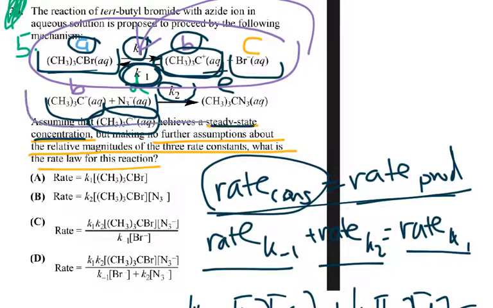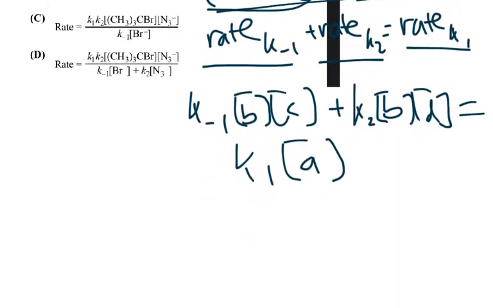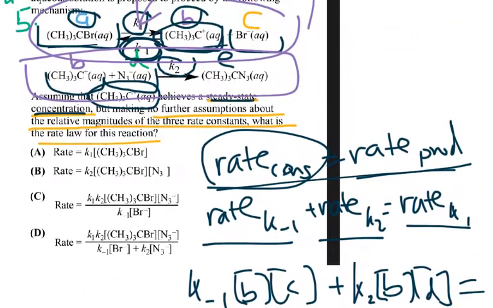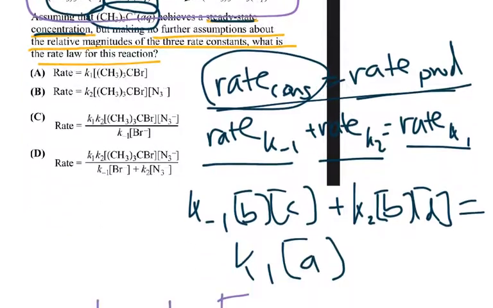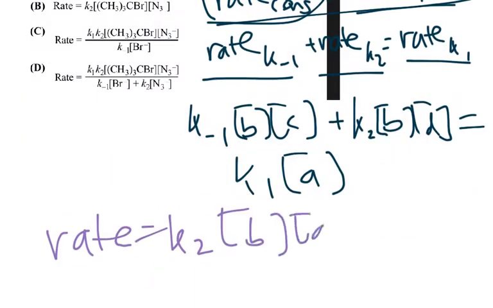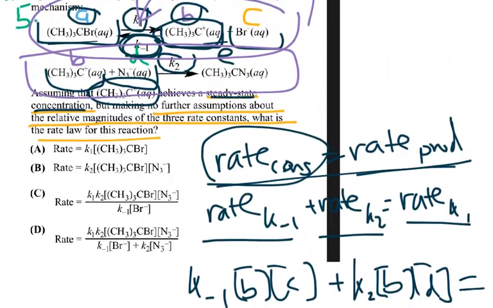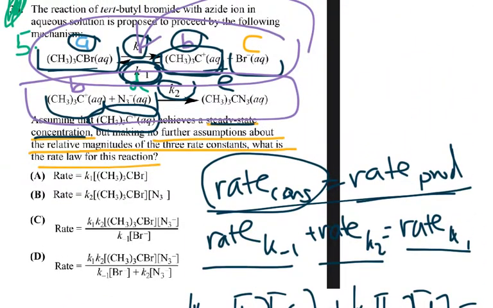Instead, let's deal with this reaction where it's only a forward reaction. So the rate law for that reaction is going to be equal to K2 times the concentration of B times the concentration of D. Now we can do some substitution because, as you can see, our B is an intermediate that gets produced and then consumed.